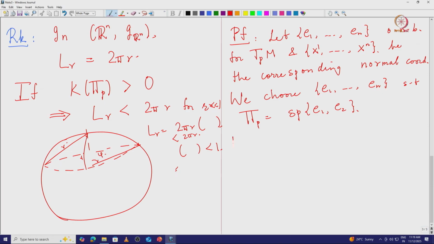Okay, so then one can give a formula for the circle. Then the circle is basically just given by x1 is r cos t, x2 is r sin t, and all the other coordinates are 0, right, because this two plane is spanned by the first two basis vectors. Okay, so now let us just calculate the length of this curve.